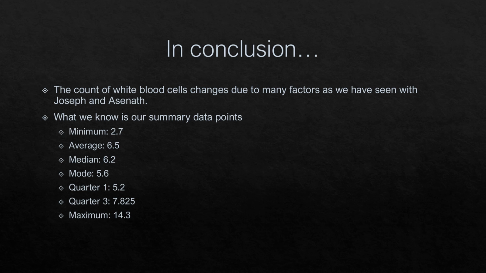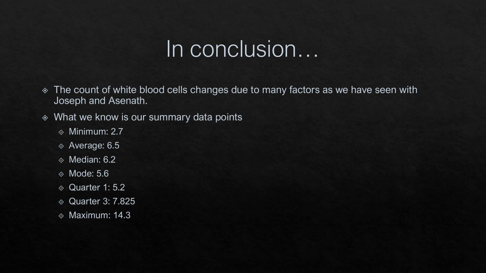Now we're going to talk about 3 more new terms. Quartile 1, which is between the median and the minimum, is our quartile 1 sector, which is 5.2 thousandths per microliter.